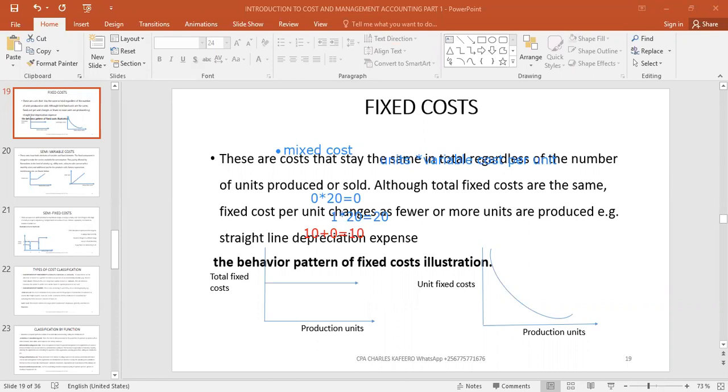So for the 5th unit, the company will be required to incur an extra cost, and we assume the extra cost to be 5 shillings. When you add the 10,000 plus the 5,000, we get the what?